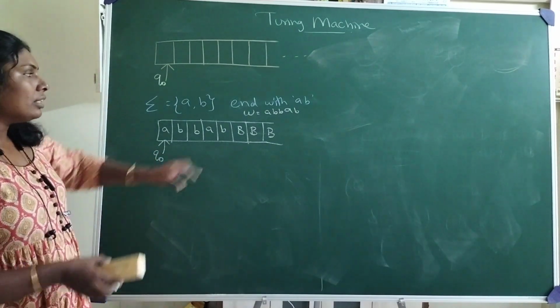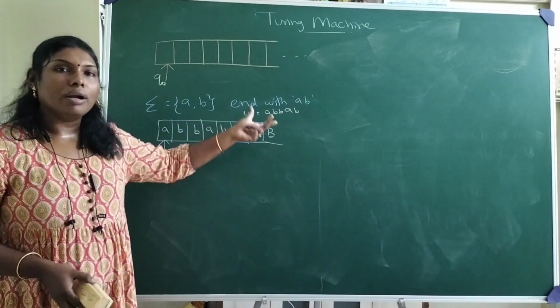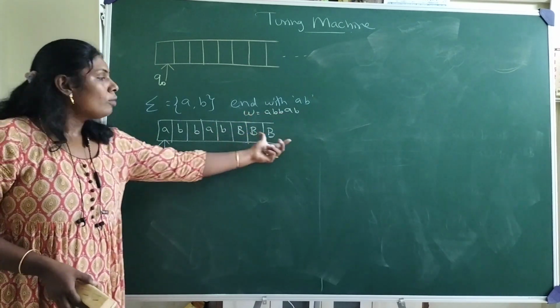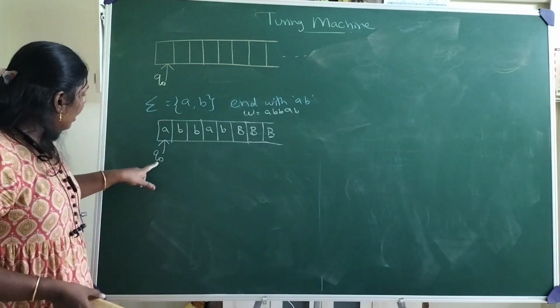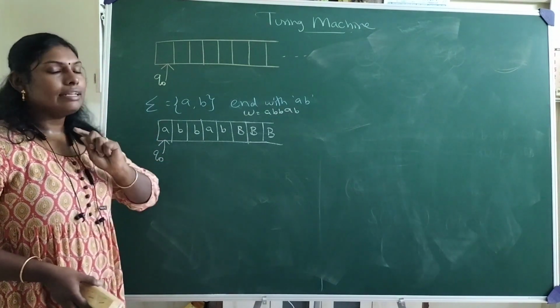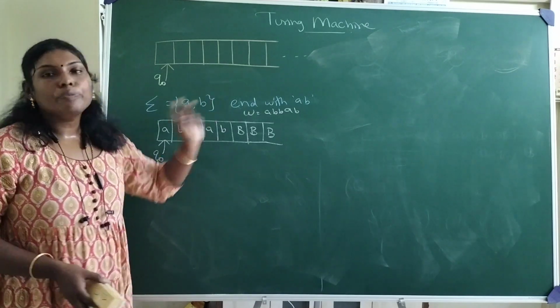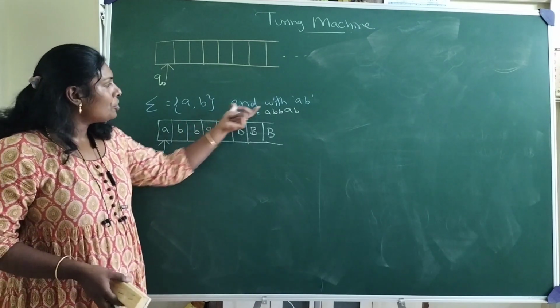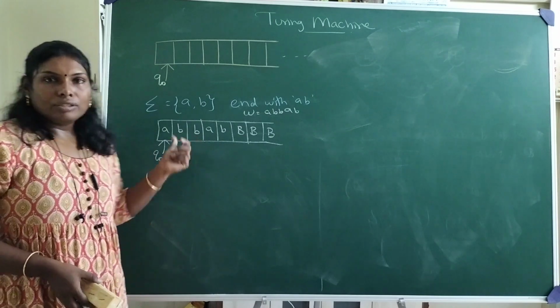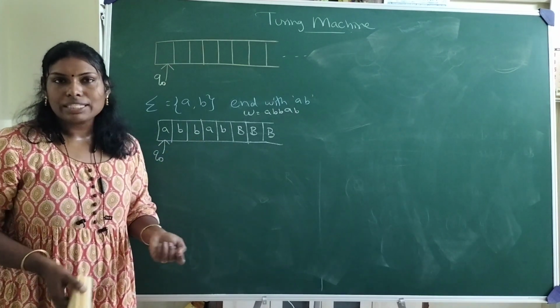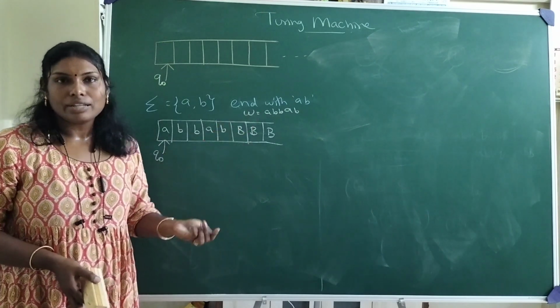Okay, so this is going to be the same for all inputs: whatever your input is, it is written in the tape from left to right followed by the blank symbol, and your read write head focuses on the first element of the cell. There is no change in that. Now how are you going to proceed? Okay, my input should end with AB. So you can do it any way, like you constructed your NFA and DFA for the same case. The language that I have taken is a regular language.